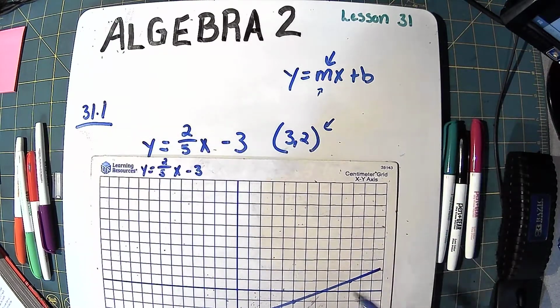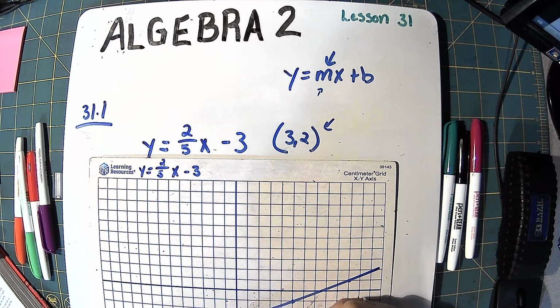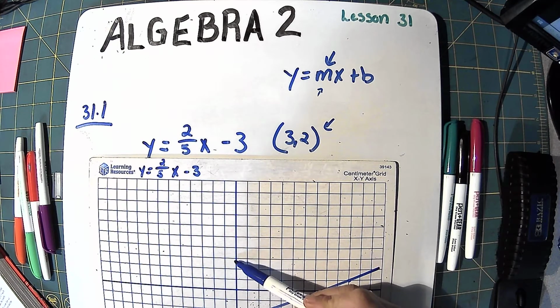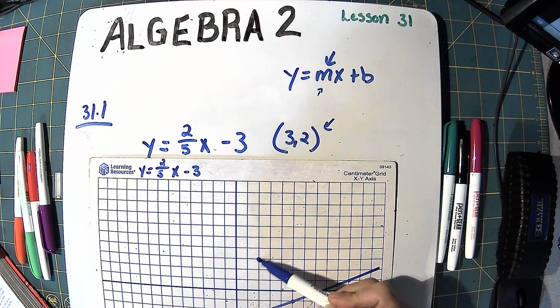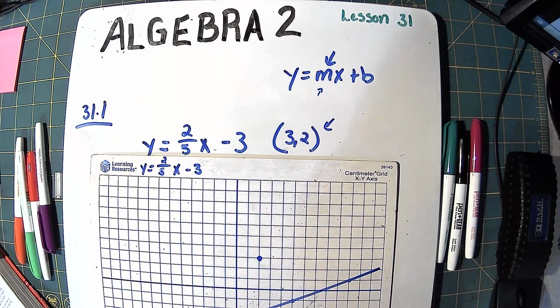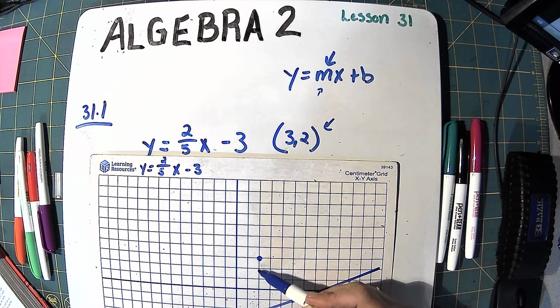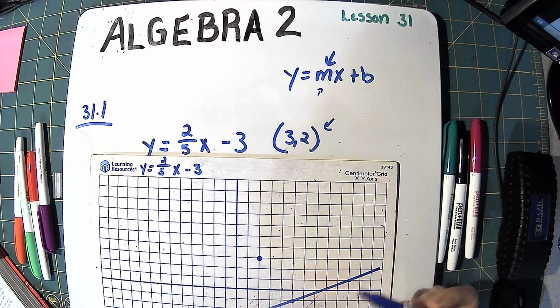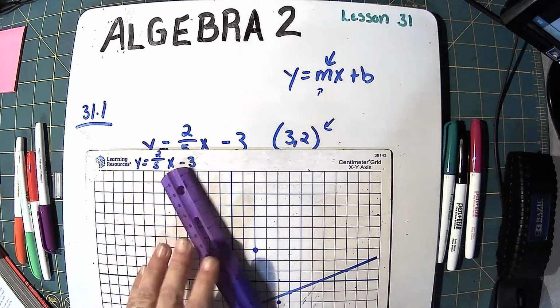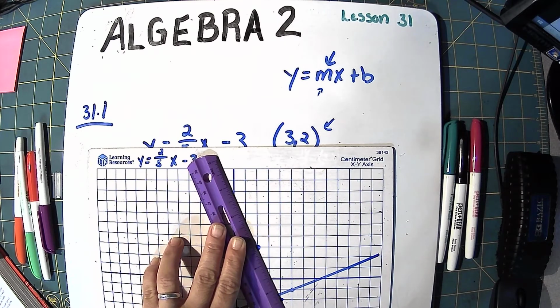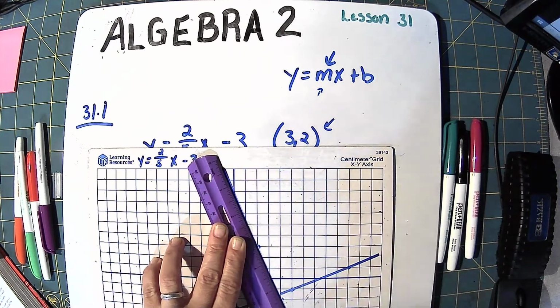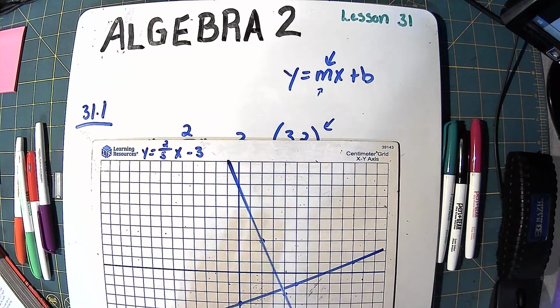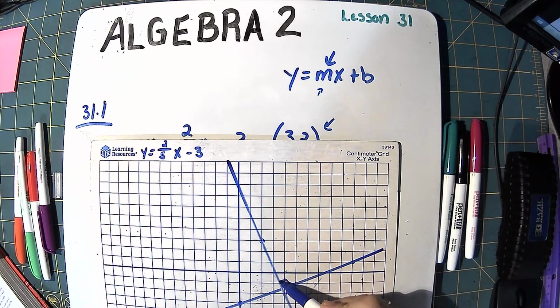That point would be 3, 2, so I'll go up 3 over 2, and then the negative reciprocal, negative 5 over 2, so we would go down 5 over 2, 1, 2, 3, 4, 5 over 1, 2, right there. And if we drew that, we would end up with this perpendicular line. So there's our two lines crossing each other. They're perpendicular. That's a nice right angle right there.